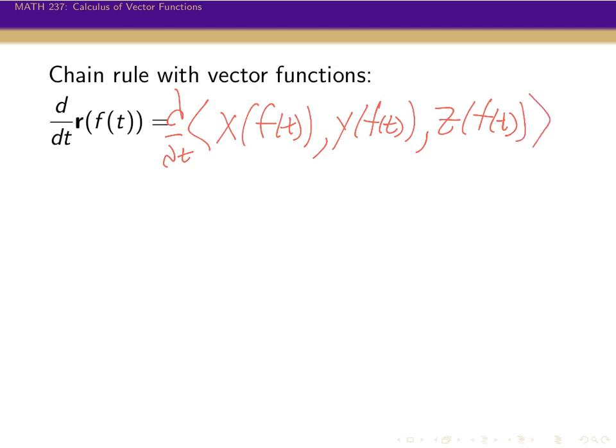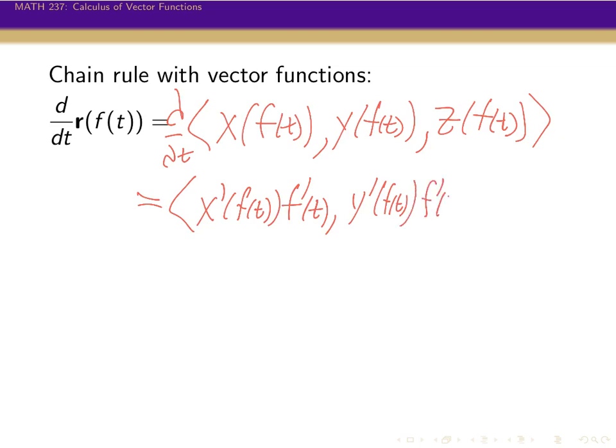And so now we have a chain rule in each component. And so following the chain rule, this is going to be x prime f of t times f prime of t, y prime f of t times f prime of t, z prime f of t times f prime of t.